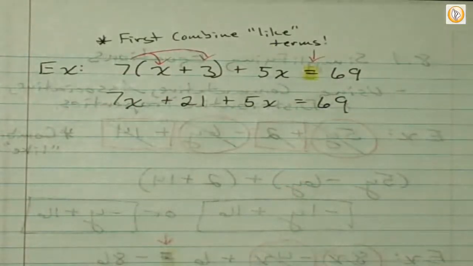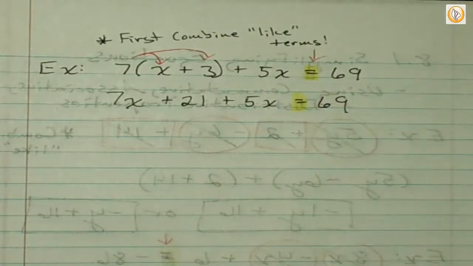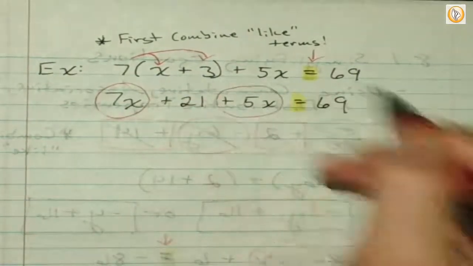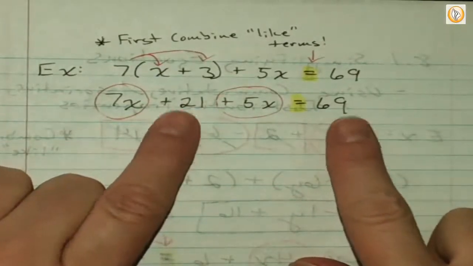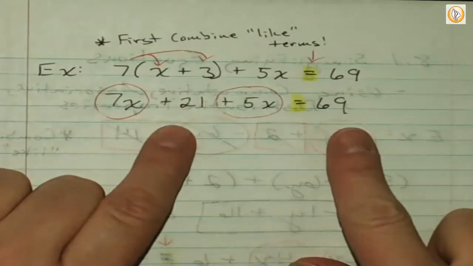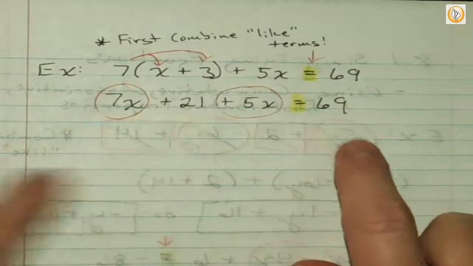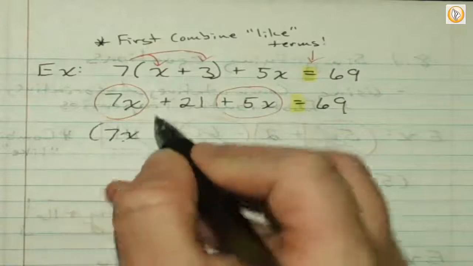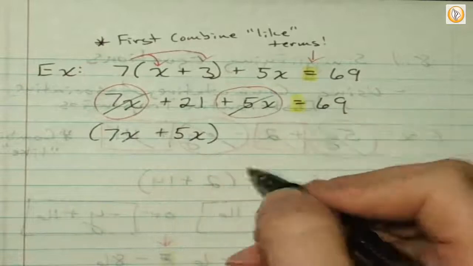Okay, now, let's see. Emily, what are my like terms? 7x and 5x. Perfect. 7x and 5x. Can I combine the 21 and 69 yet, Michaela? No. Because of that equal sign, we cannot combine them right now. Okay, so we're going to combine 7x, cross it out, plus 5x, cross it out.